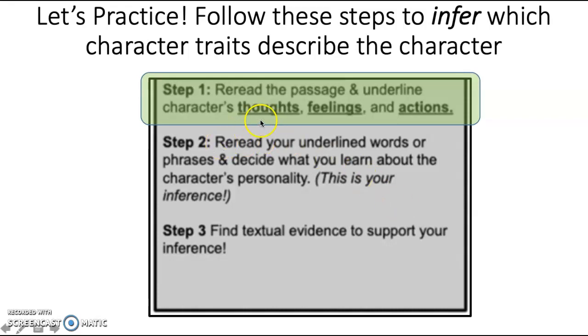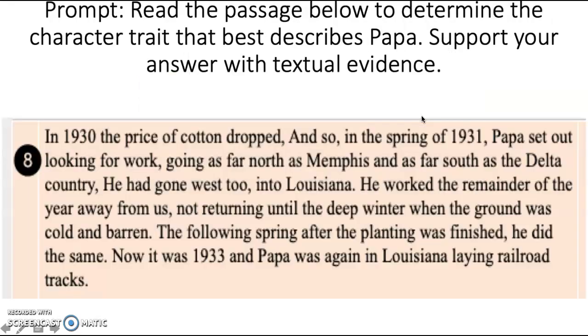All right, this is going to help us get to step 2, where we make our inference. So concentrate on those thoughts, feelings, and actions in this passage. So our prompt is to read the passage below to determine the character trait that best describes Papa. Support your answer with textual evidence. So we're going to read together, and you all are going to notice how I'm seeing Papa's thoughts, feelings, or actions. All right, this is from paragraph 8.